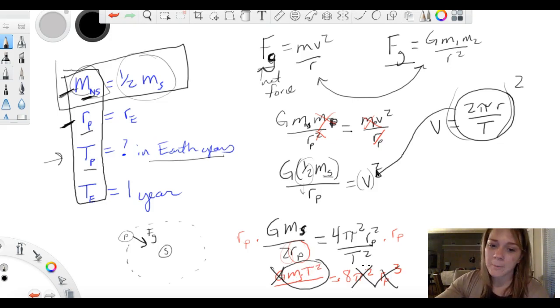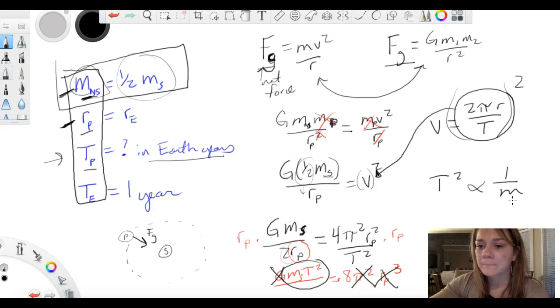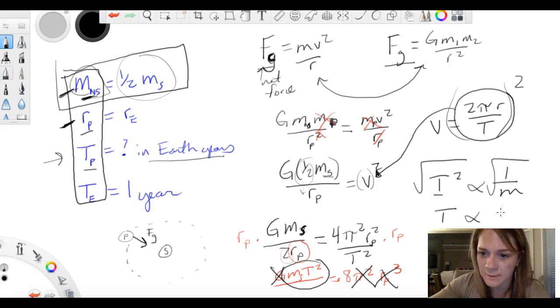So if I move mass to the other side, I can see that t squared is proportional to 1 over m. We want to solve for t. So I'm going to take the square root of both sides. So t is going to be proportional to 1 over the square root of m.